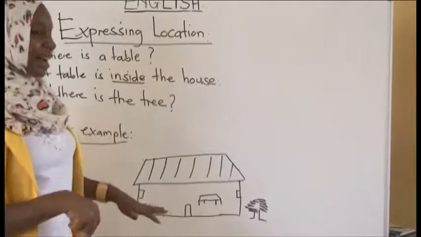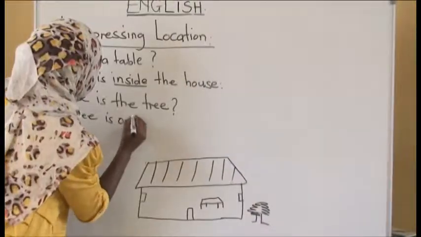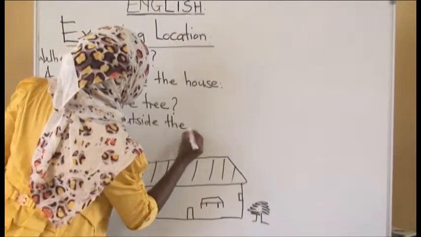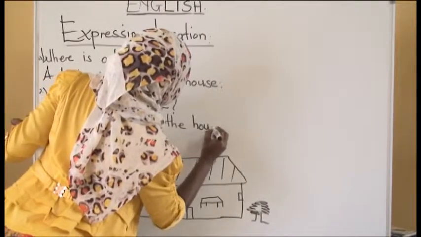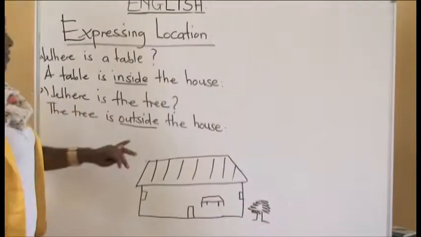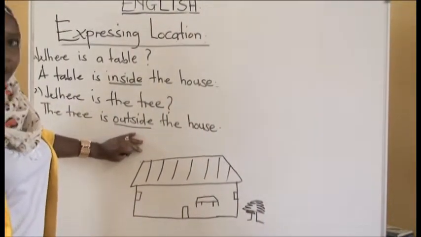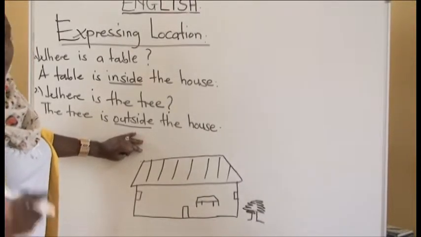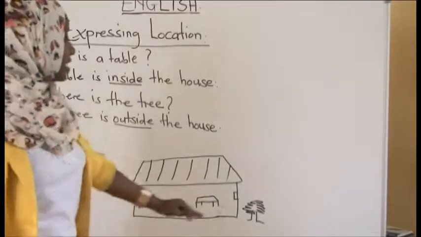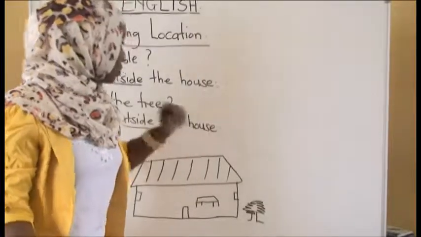You will say the tree is outside the house. So the word outside is the preposition which shows location. And the location, I told you, simply means the place. So outside shows the location where the tree is. We have seen here that the tree is outside the house.